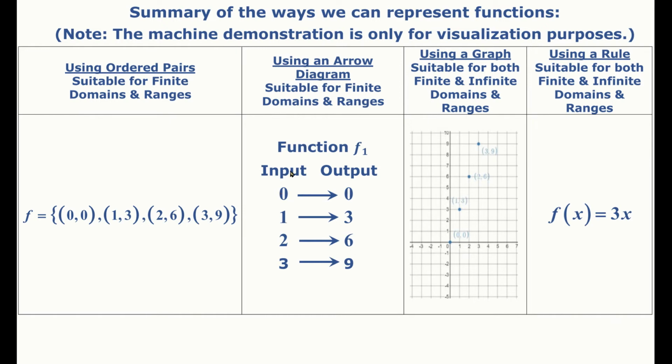Put the inputs and the corresponding outputs using arrows, or we could use a graph, right? Or we could use a rule such as f of x equals 3x, right? So these are all different ways you may see functions depicted in mathematics or in other fields where mathematics is applied.